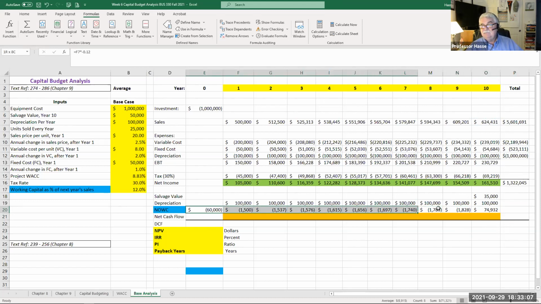It's all net. It nets out. We're using working capital here as revenues increase, but then at the end of the project, all that comes back in because we no longer need working capital, and it's a positive cash flow in year 10.